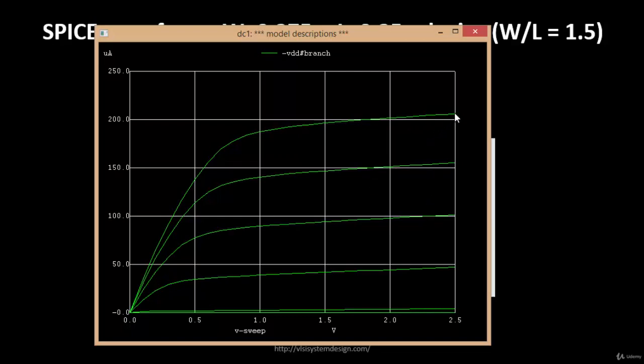And the third thing is, the difference between two adjacent curves appears to be constant, but it appeared to be different in the case where your W by L is constant but your L is 1.2 microns. So we have just talked about three different situations where these curves vary from the previous curve.